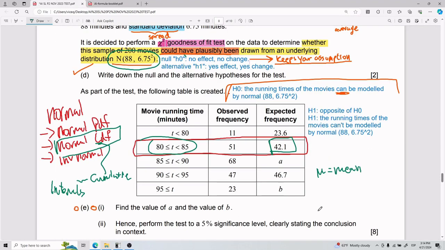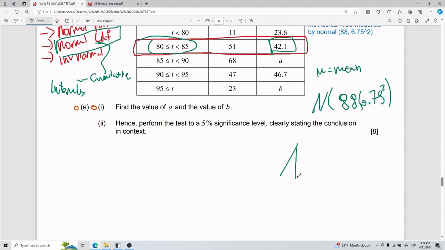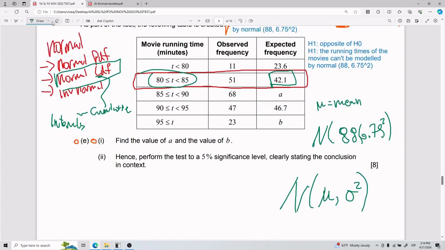Well, anyways, when they give you values, for example, 88 and 6.75 squared, the normal distribution is mean, comma, variance, or standard deviation squared. And so from here you can deduce that the mean has to be 88 because it's the first number that shows up, and that the standard deviation has to be 6.75, just that you get rid of the squared.